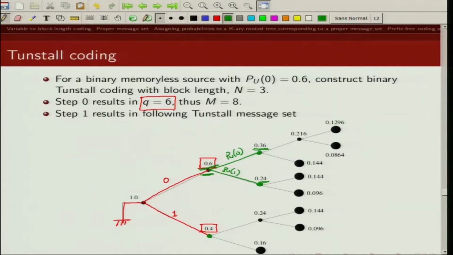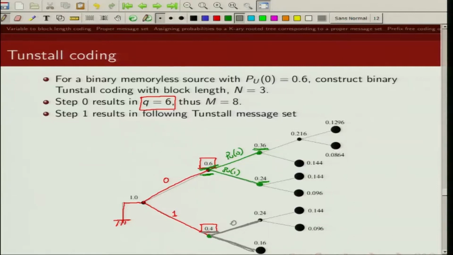Now let's do the second extension. I have 0.36, 0.24 and 0.4. So I am going to extend this leaf which has probability 0.4. If I extend this leaf, it becomes a node and the extension is like this.